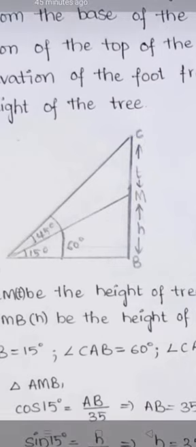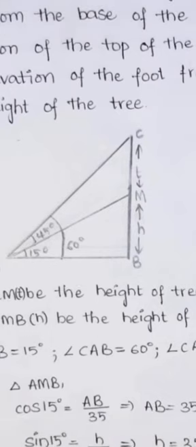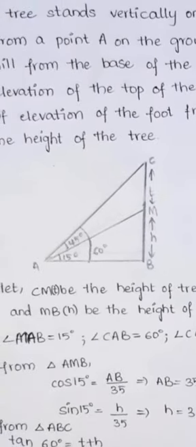In the problem, the angles of elevation are given from the point A to the foot of the tree and from the point A to the top of the tree.